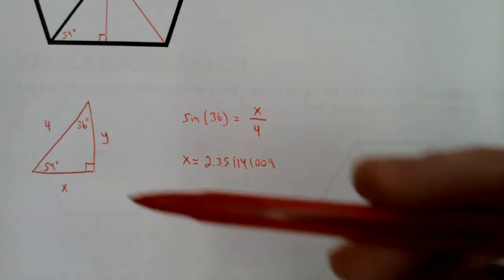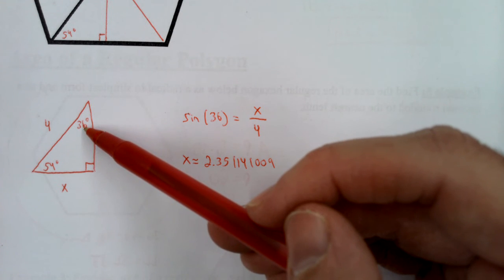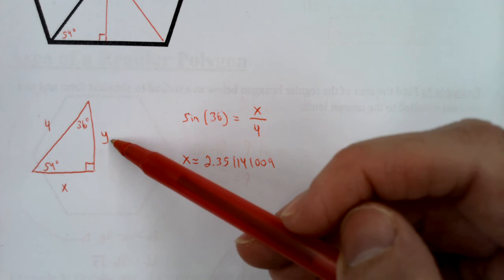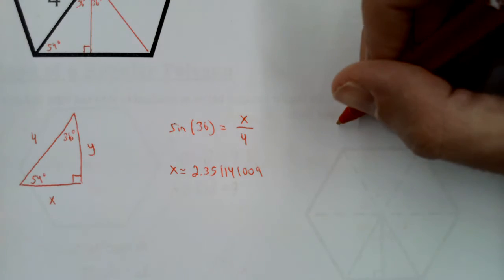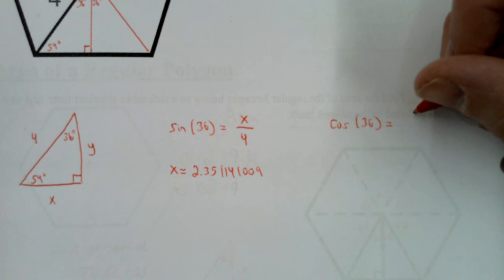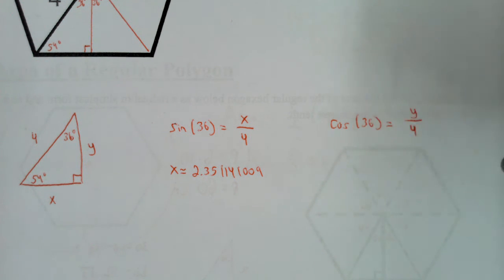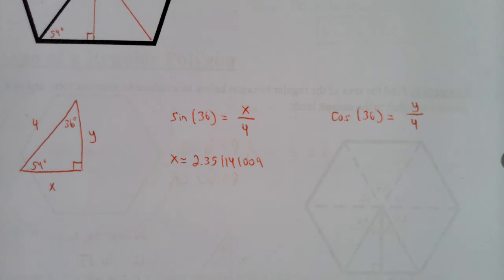Now let's solve for Y. Cosine of 36 equals adjacent Y over hypotenuse 4. So you're going to do 4 times cosine of 36.